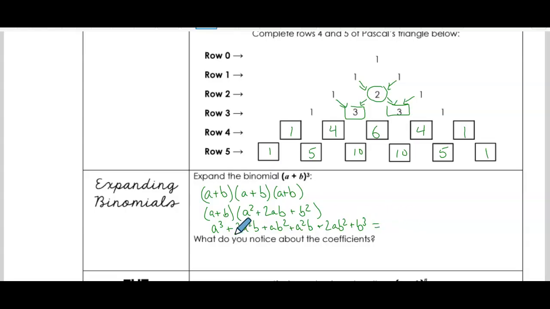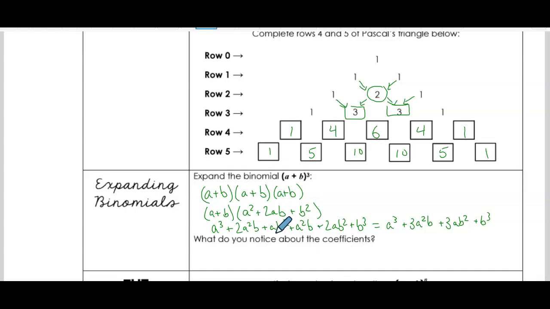So just combining like terms, I have my a cubed first. The a squareds would be this, 2 of them here and 1 of them here, so there's 3a squared b's. The ab squareds, there's 1 here and there's 2 more here, so 3 ab squareds. And then there's a 1 of the b cubed. And that would be the result there.